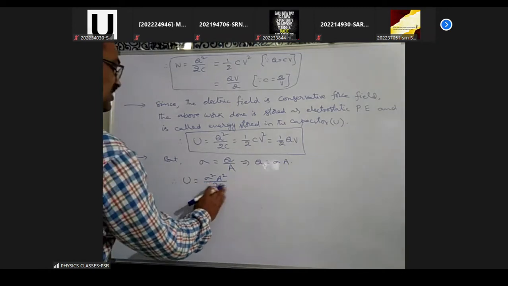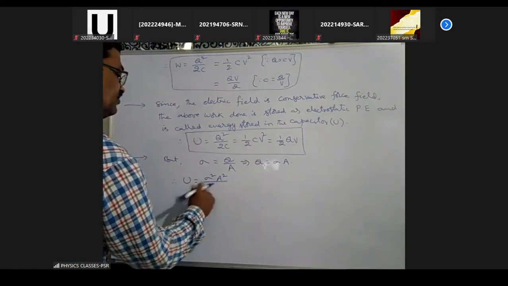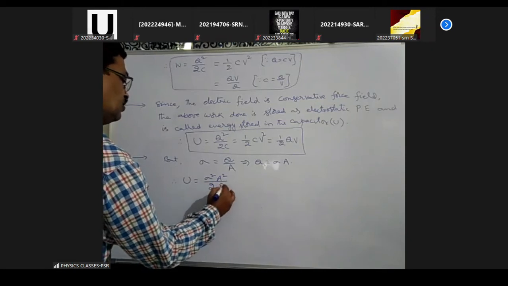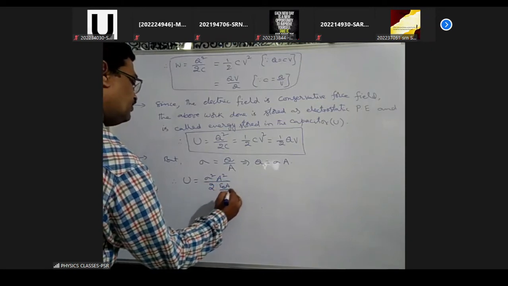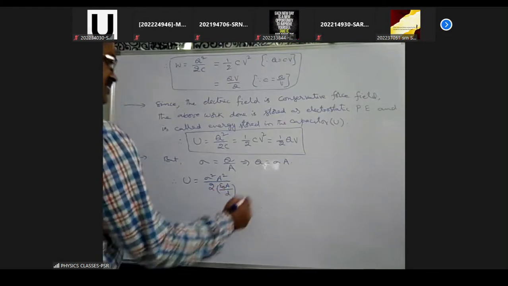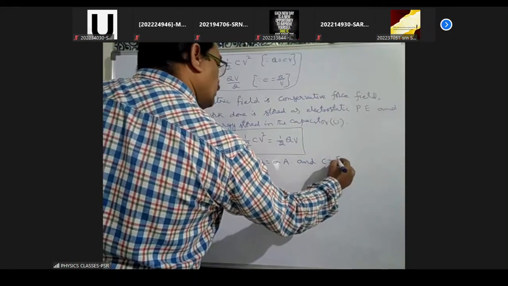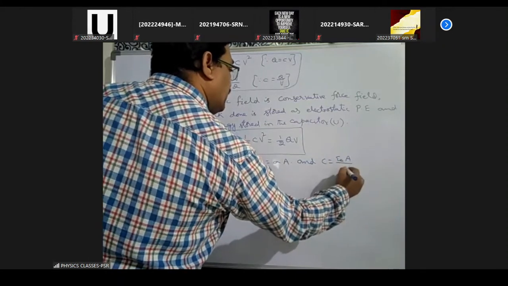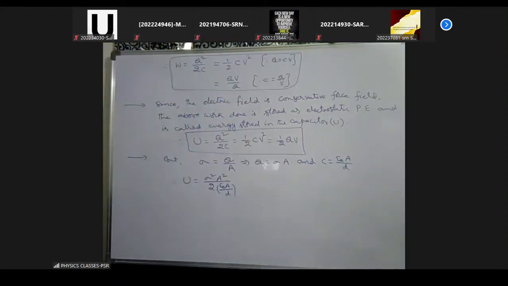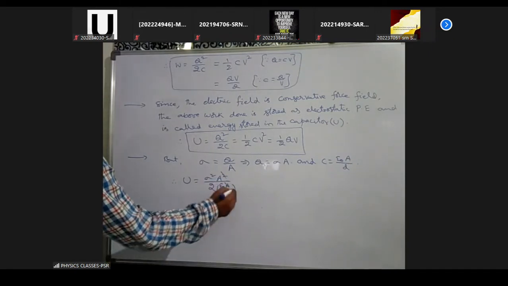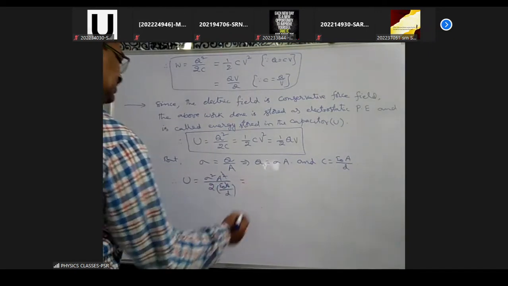But here we know that C is equal to epsilon naught A by d. Is it clear? So this A gets cancelled.